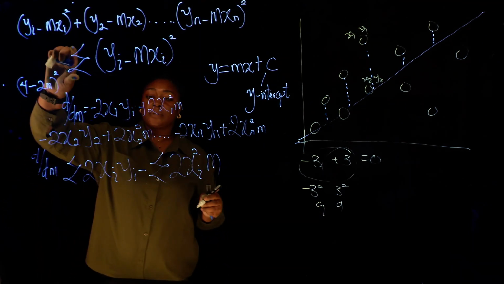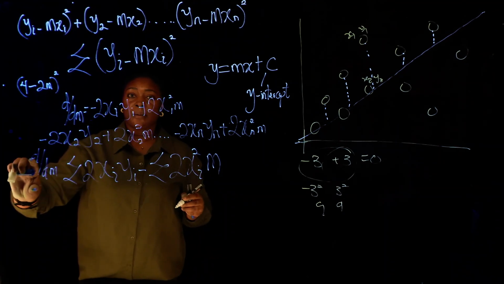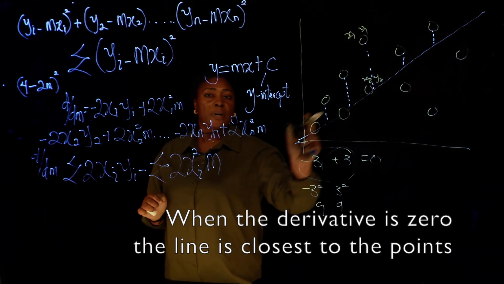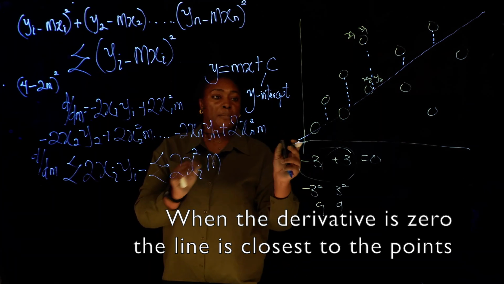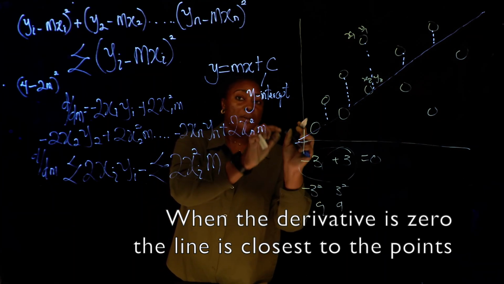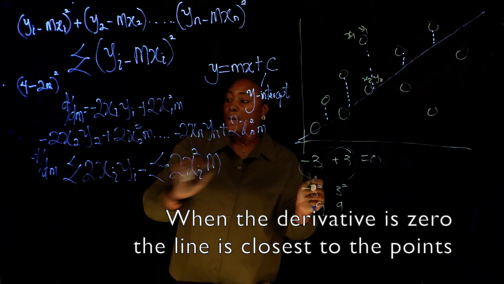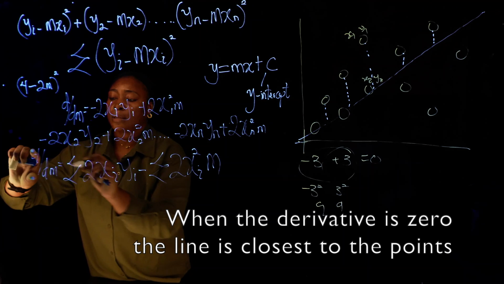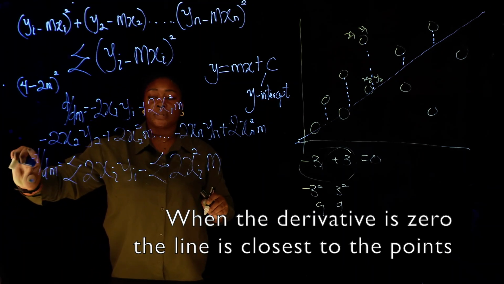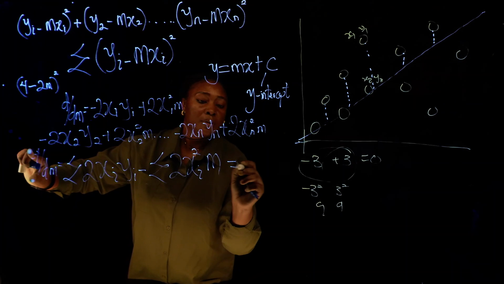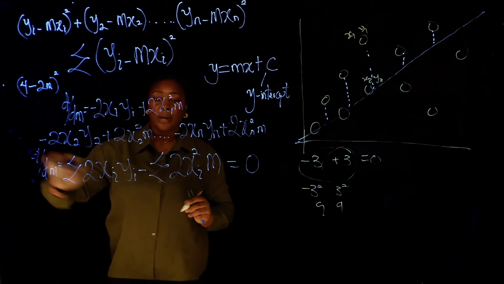For you to find the slope which makes the line closest to the points, this derivative has to be 0. That's the minimum value, rather. And for that, you have to make your derivative, remember, the derivative here is your slope, so you equate it to 0. So automatically, this becomes 0. Now we are finding m.